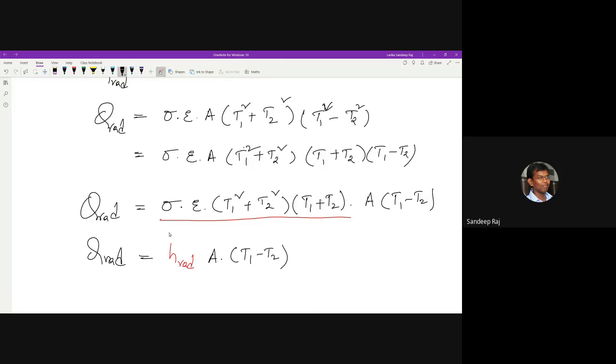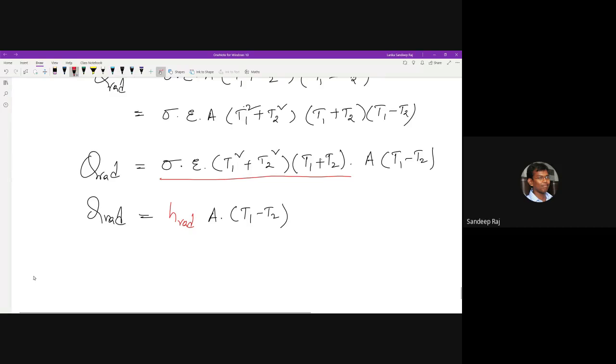Using this, you can define H radiation, that is the heat transfer coefficient by radiation, or radiation heat transfer coefficient. Anyway, you can call it. To quantify this, it is equal to sigma into epsilon into (T1 square plus T2 square) into (T1 plus T2).